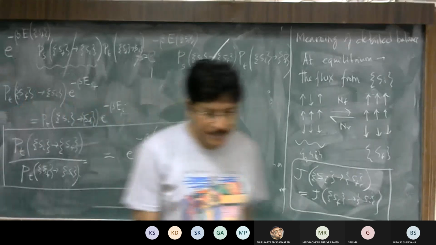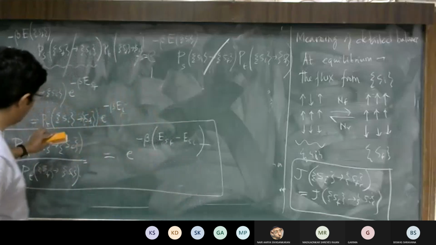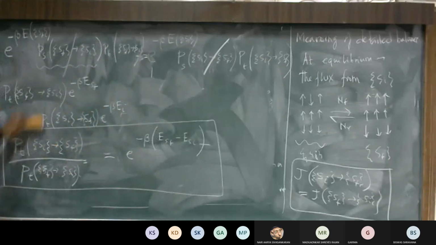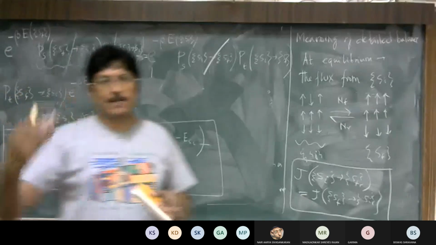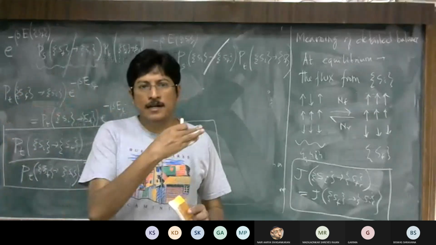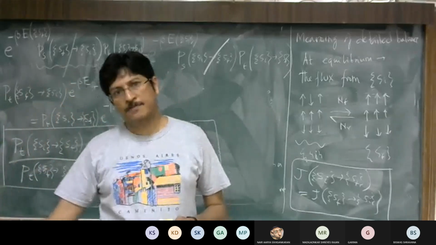So if the system satisfies detailed balance, a necessary corollary is that when the dynamics is happening, any particular state SI is going to some other state SF.